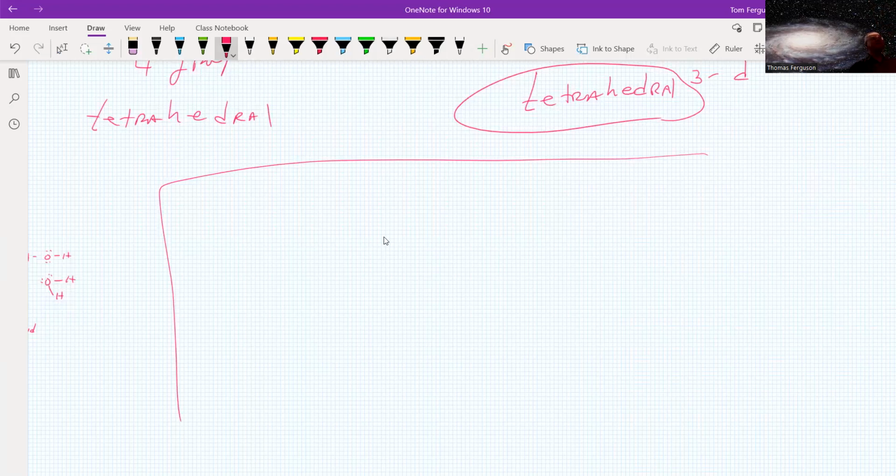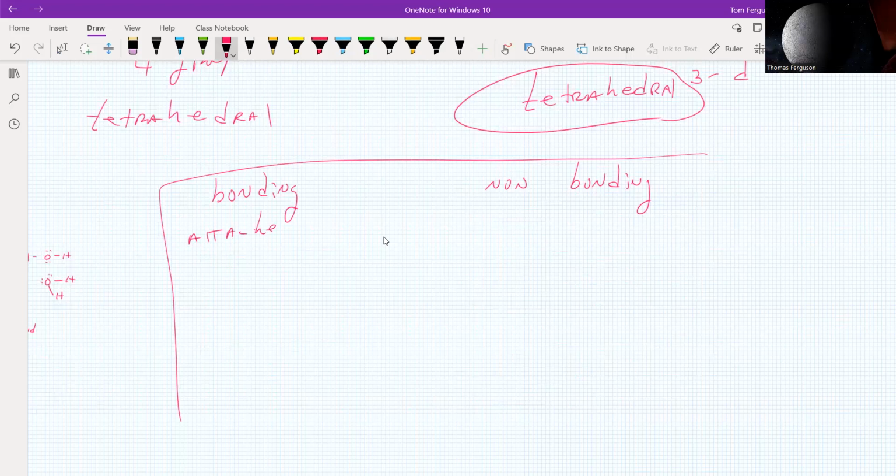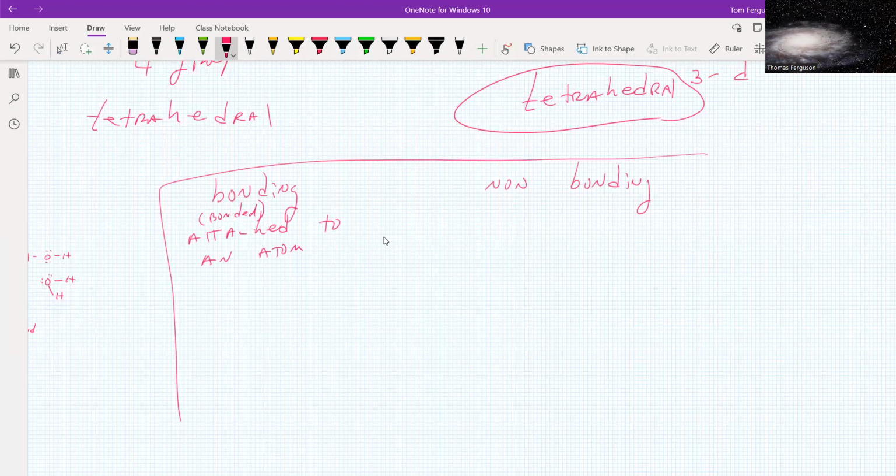The next thing we need to do is figure out what's bonding and what's non-bonding. Bonding means it's attached or bonded to an atom.